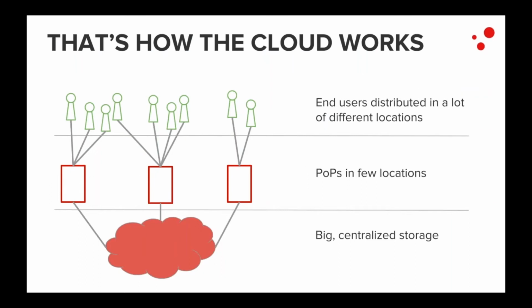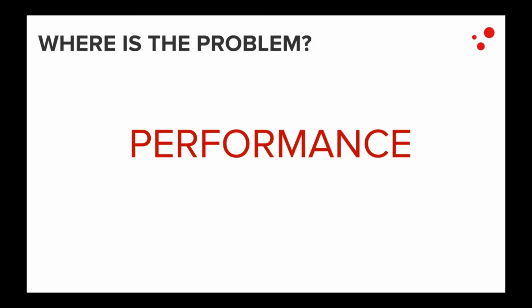We have, again, a big centralized storage, and then we have points of presence in a few locations, and they usually have quite big servers because they act like caching layers, or they can also act as web storage or as web service as well. And they need to serve content to the end users, which are distributed in a lot of different locations. So up till possibly, I would say, last year, the cloud was really the solution, the way to work. We had no problem at all with cloud architecture.